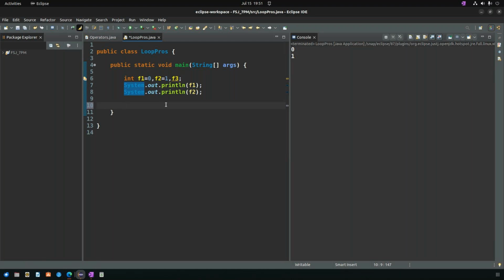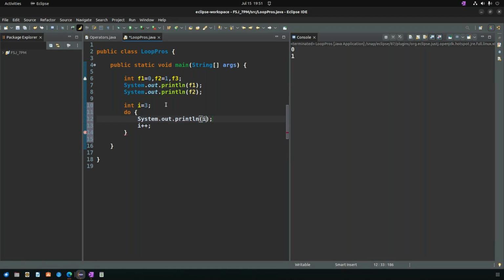So I will make the loop start at 3. I is equal to 3, and I'll make the loop go on until 10, with I plus plus, and System.out.println.